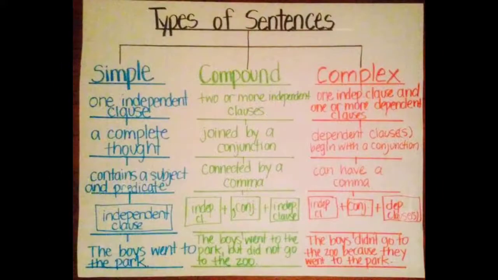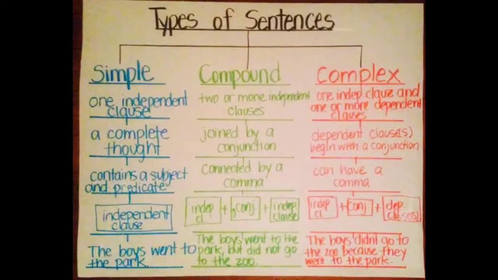So children, as I already told you, sentences are divided into three types: simple, compound, complex. In a simple sentence, we have only one independent clause with complete meaning, containing a subject and verb. Look at the example: the boys went to the park.